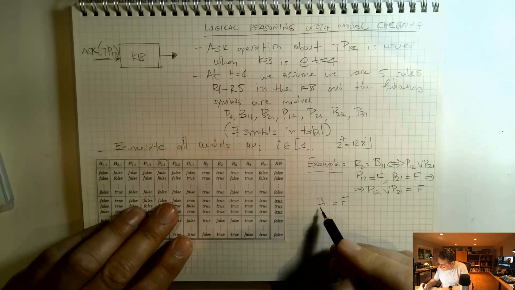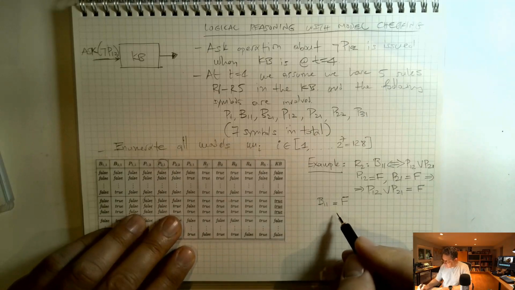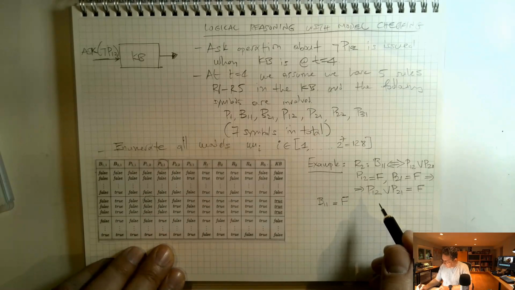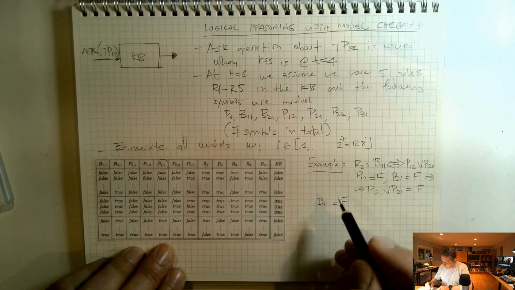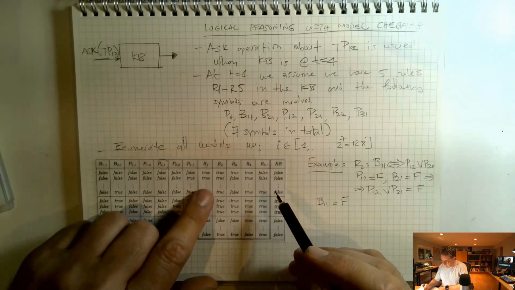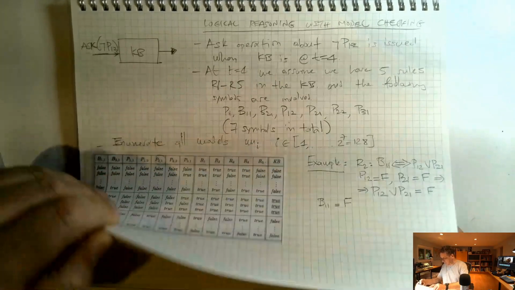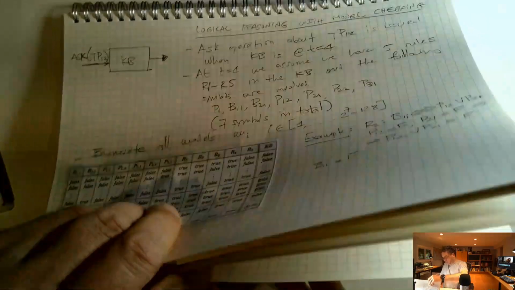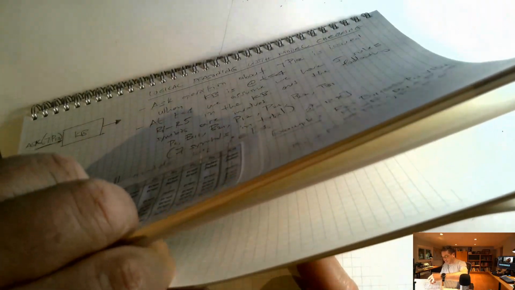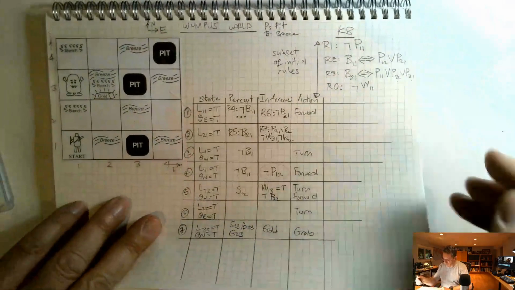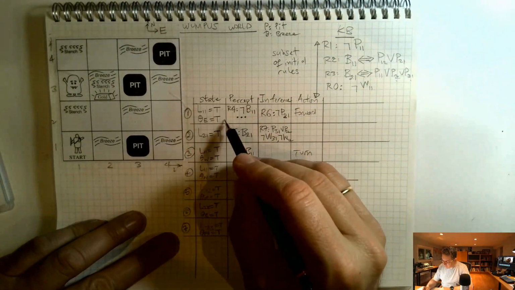We also have B11 false from another rule of the knowledge base. I believe it was rule 1, if I'm not mistaken. Actually, it was rule 4.